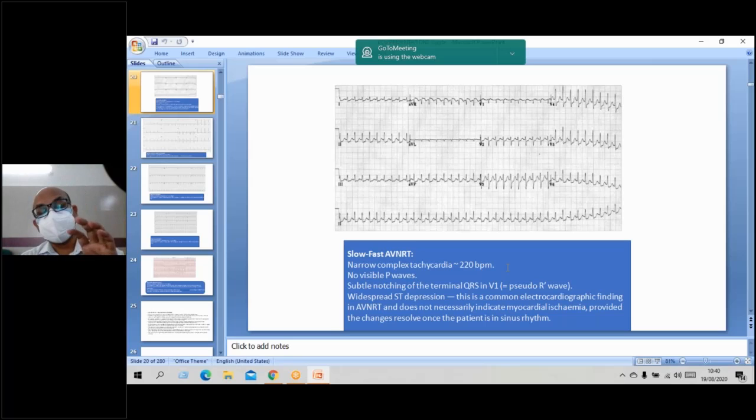One of the important investigations is the EP study, an electrophysiological study, for both diagnostic as well as therapeutic purposes. Patients having recurrent attacks in spite of medical therapy are treated with radiofrequency catheter ablation.